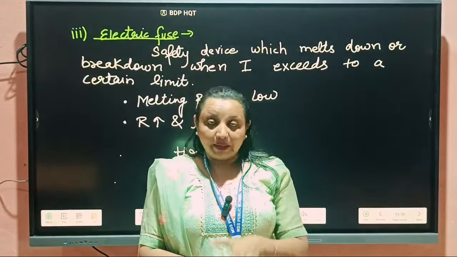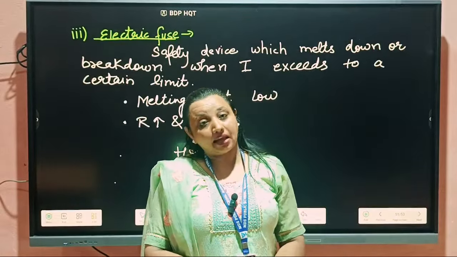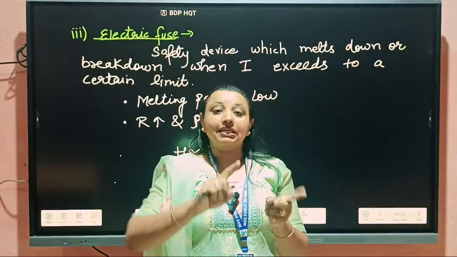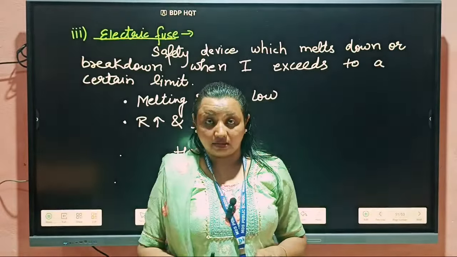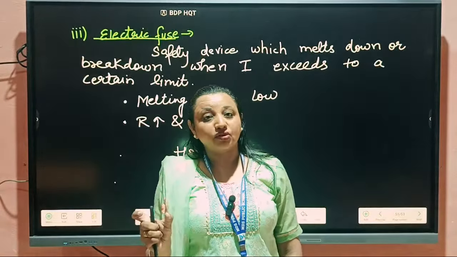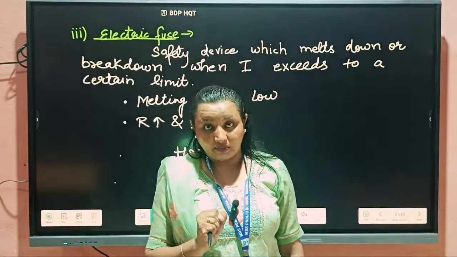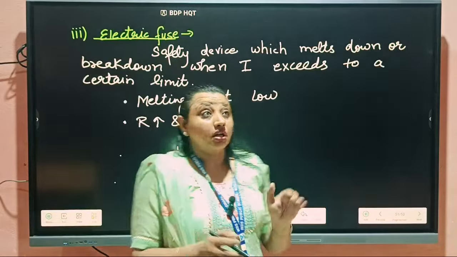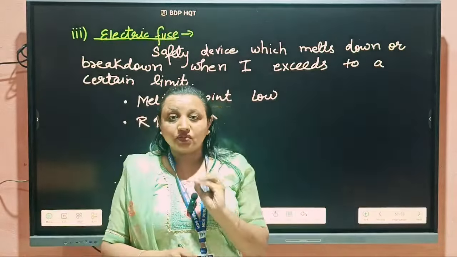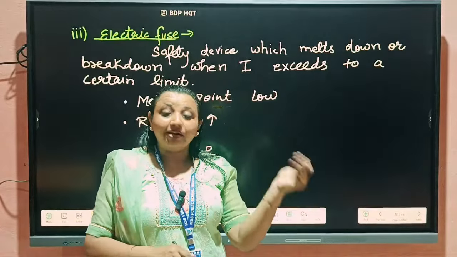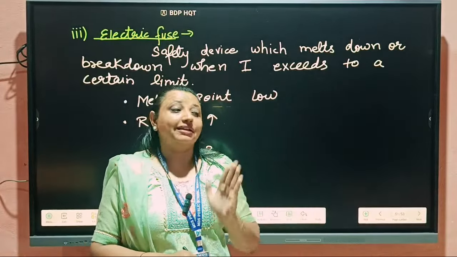It depends on application to application whether they need high melting point or low melting point. Like in case of household electrical appliances, we use high melting point. In electric bulb, melting point is also high because they have to bear the heat energy. But here, fuse is just a safety device to prevent the household electrical appliances from getting damaged.